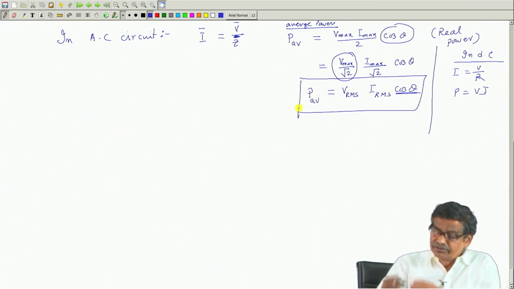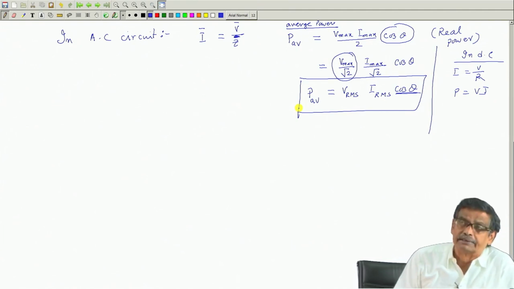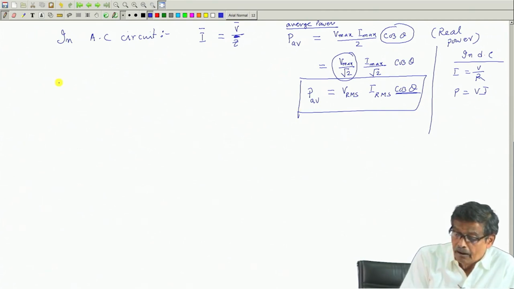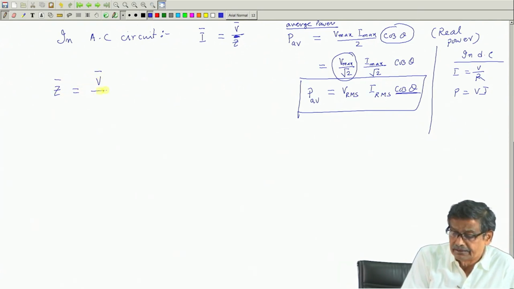And the last thing I will add: while defining the phasors, I told you that Z bar is equal to the voltage phasor divided by the current phasor.